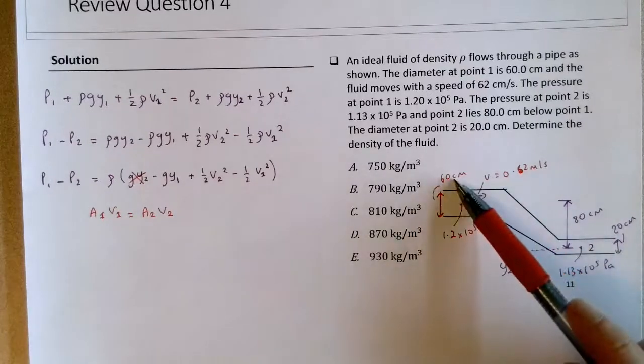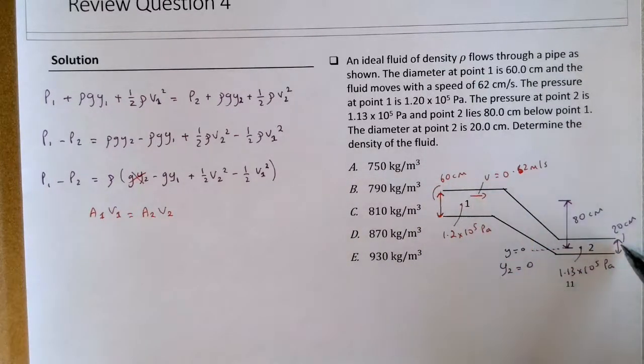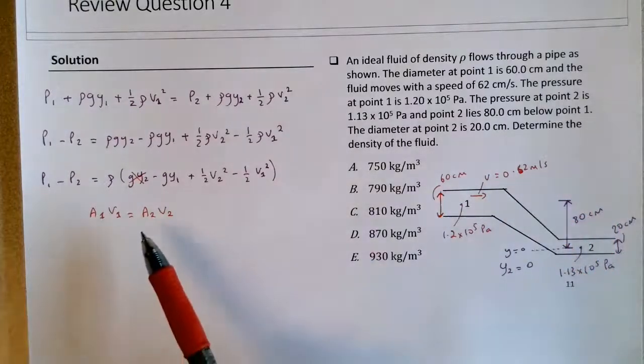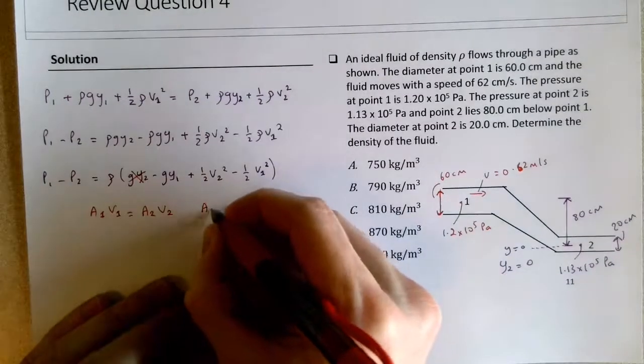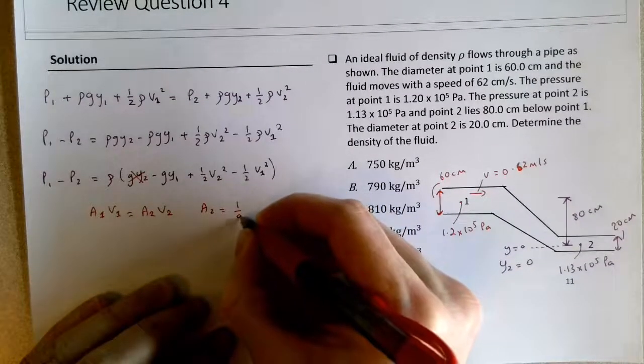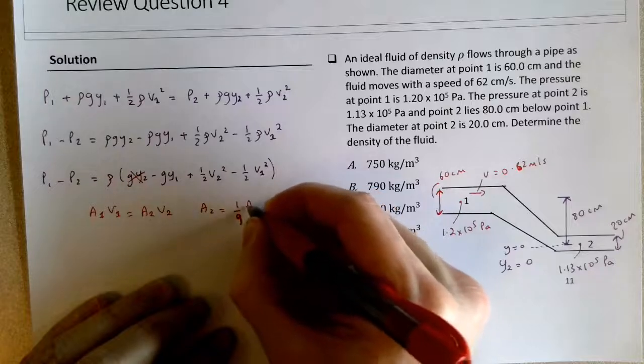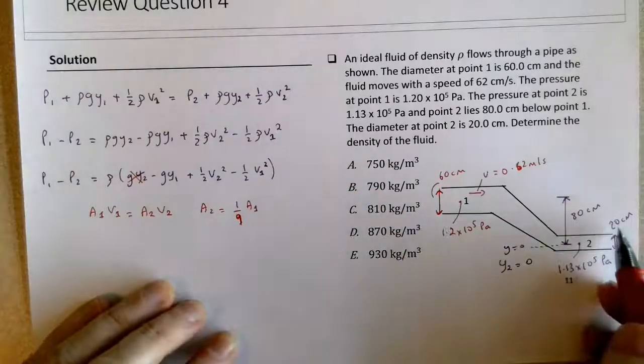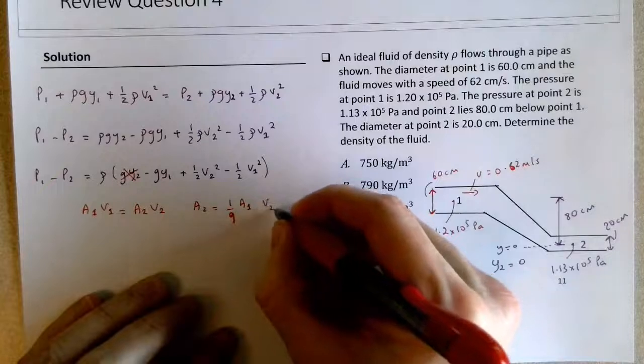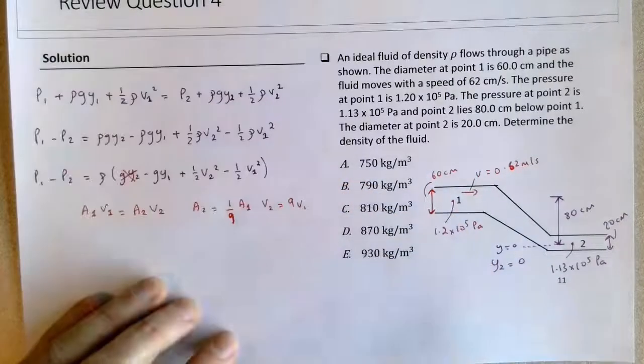So we go from a 60 centimeter diameter to a 20 centimeter diameter. That's a change by a factor of 3 in the diameter, which means that the area will go down by a factor of 9. The area goes as the diameter squared, which means the speed at point 2 has to be 9 times the speed at point 1. So area 2 is 1/9 of area 1, due to having 1/3 of the diameter. So v2 is equal to 9 times v1.